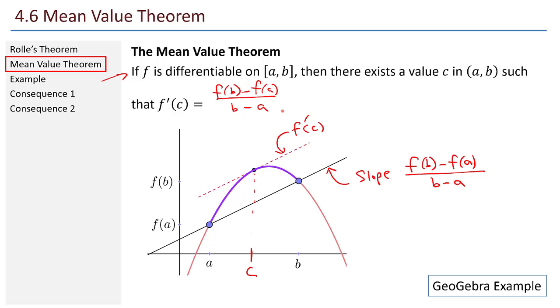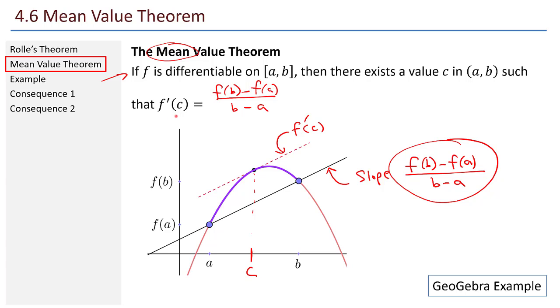And this is where the name mean value theorem comes in. Mean means average. And the expression for the slope between the 2 points, this f of b minus f of a over b minus a, that's the average rate of change from a to b. It's, so to speak, the average slope of the function from a to b.